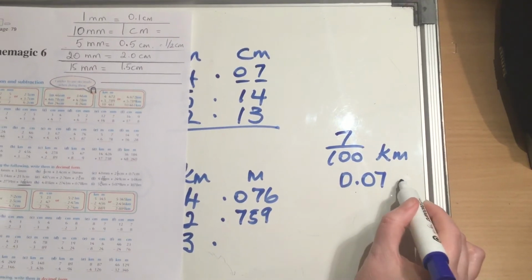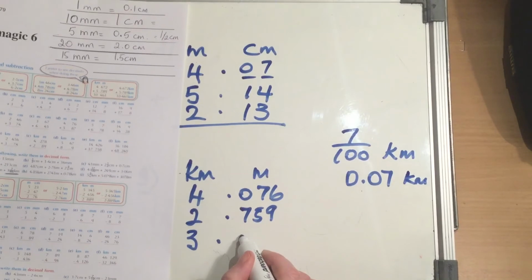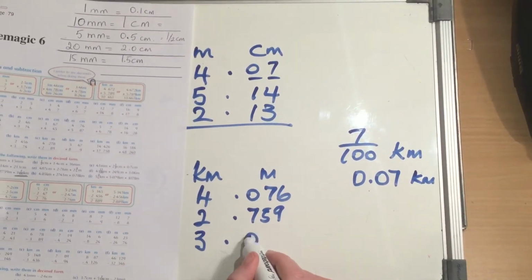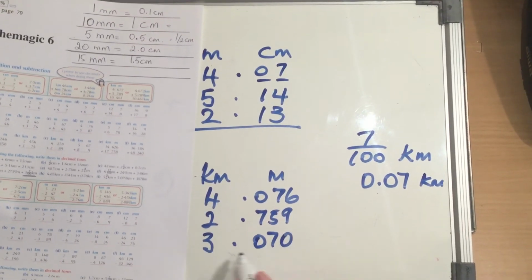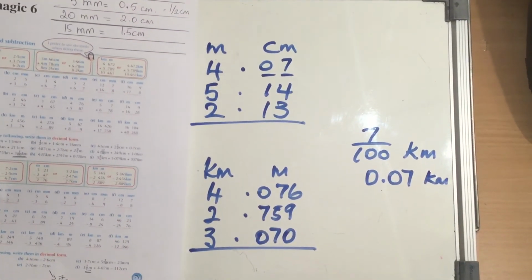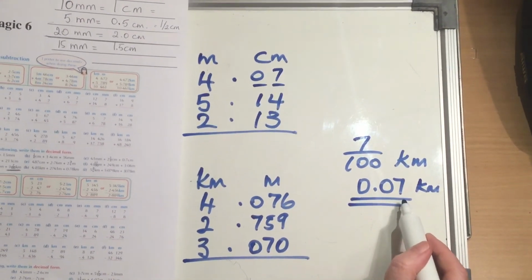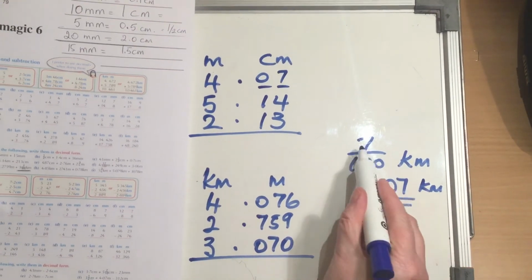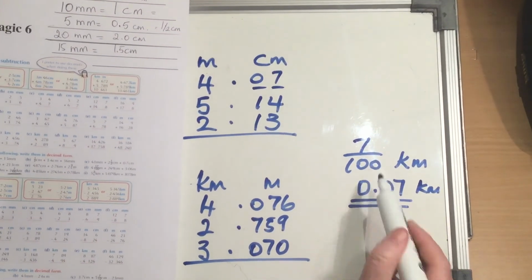So it's 0.07 of a kilometre. So let's put that in here. 0.07 kilometre. So I'm going to just put a 0 there just to keep it even. This is the tricky bit, okay? And it comes from here. 7 over 100. Two numbers.